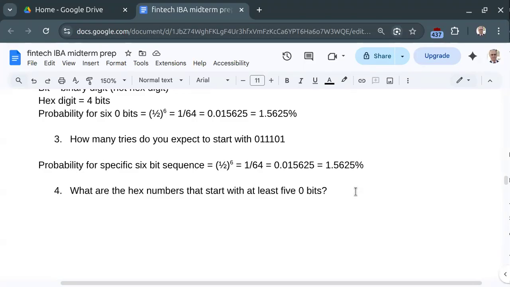Okay, let me say that again. We start with a hexadecimal number and we are asked what are the hexadecimal representations that have the property of starting with at least 50 bits. Well, in order to solve this problem, we need to start thinking about it. Numbers that start with at least 50 bits means what?